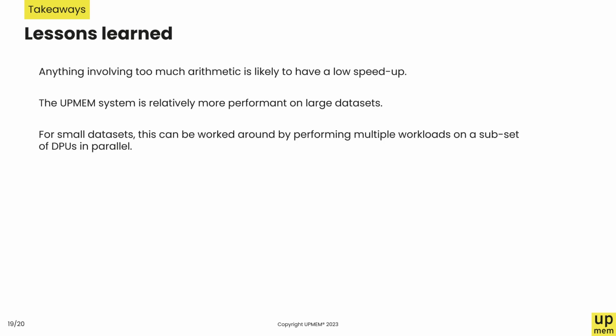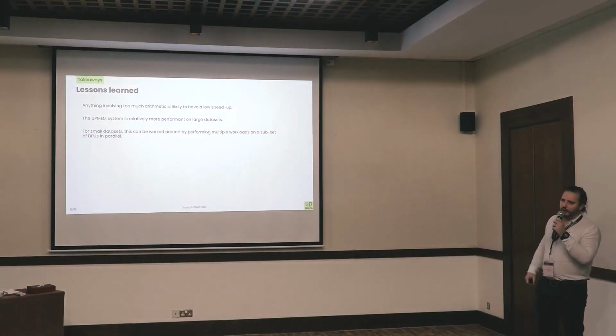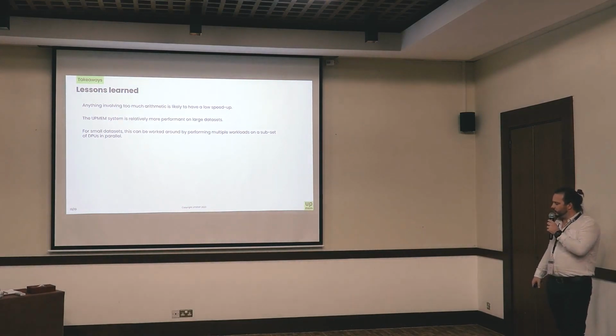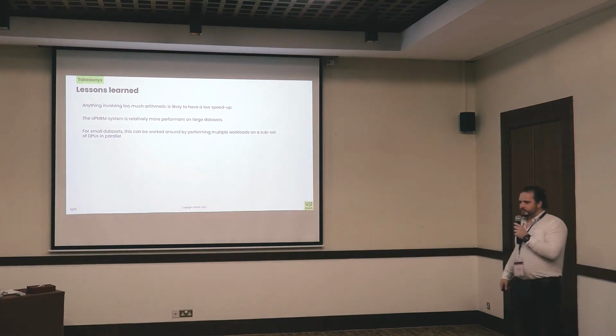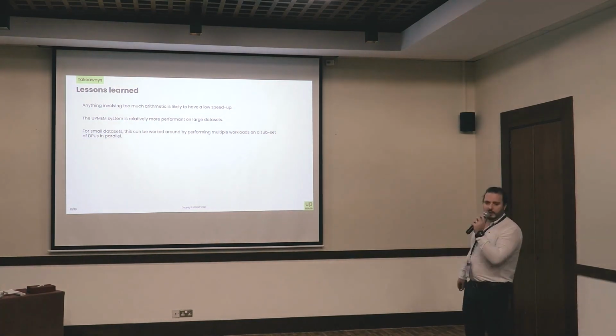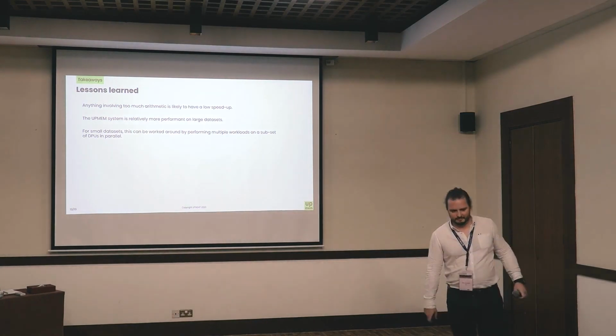So maybe you have a big data set, that's the simplest case. If you don't, there are other ways to do it. You can either run different processes in parallel on a subset of DPUs, or if you have one job to do, you can do some data replication, which is something done with the ARM, so that each DPU has more work. And that's the thing.